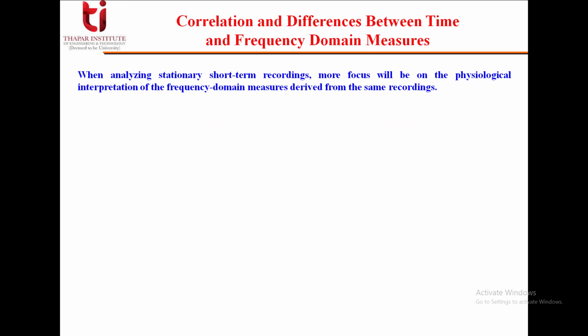Now let's see what are the different correlations and differences between the time and frequency domain measures. When analyzing stationary short-term recordings, more focus will be on the physiological interpretation of the frequency domain measures derived from the same recordings.